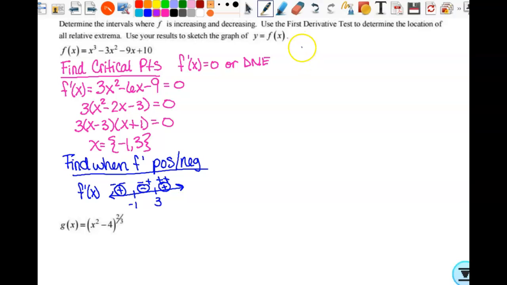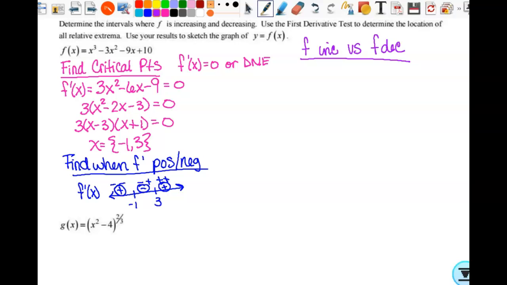Okay, so I've done all that so that I can talk about where it's increasing and decreasing. So I'm going to say, is f increasing versus f decreasing. Now, we found stuff about f prime, but that tells us about f, right?